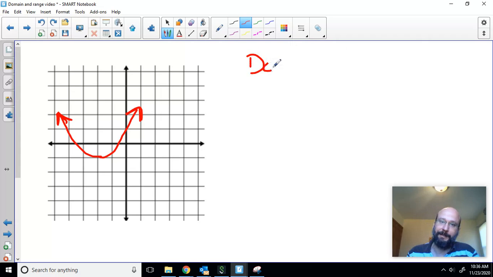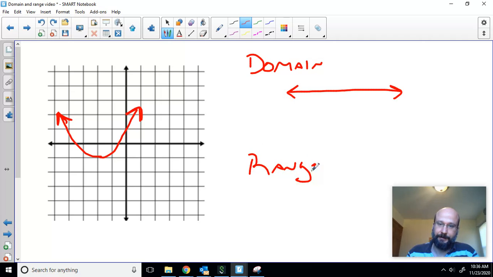Remember that the domain goes this way, and your range goes up and down. Your domain is left and right, and your range is up and down. You have two arrows, so you have to see, are these arrows going left and right or up and down?